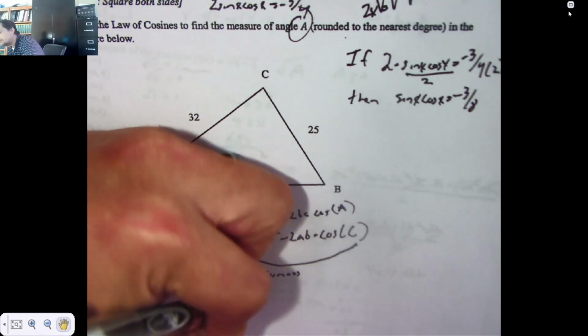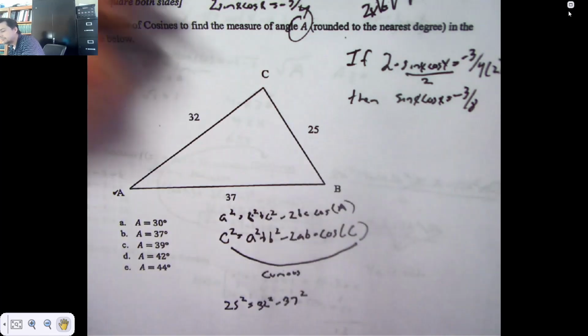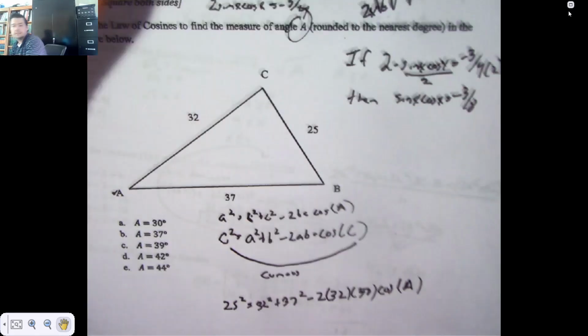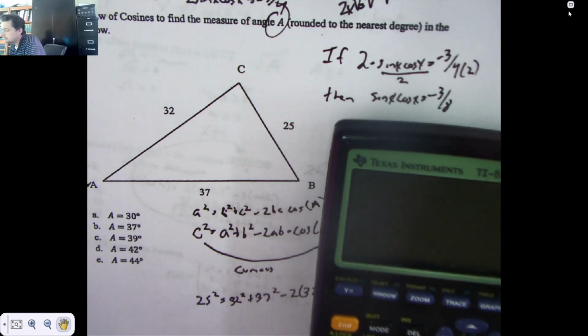So 25 squared is 32 squared plus 37 squared minus 2 times 32 times 37 times the cosine of angle A. I don't have one of the little calculators on me, but you know it'll do 25 times 25, right?